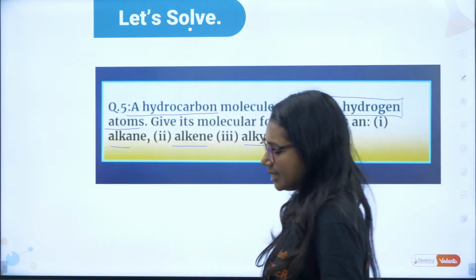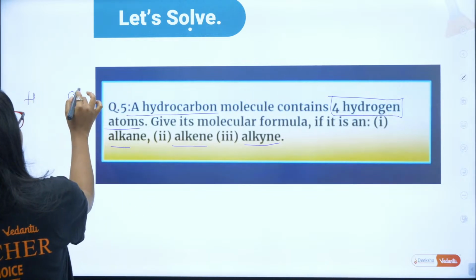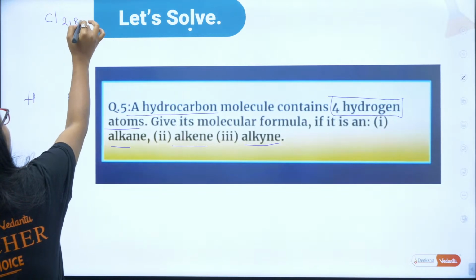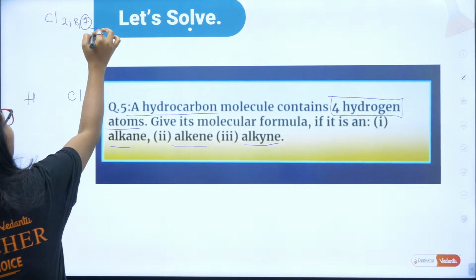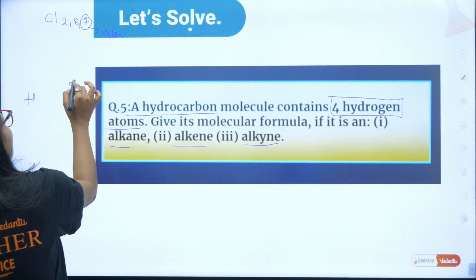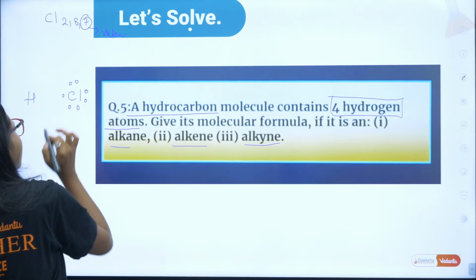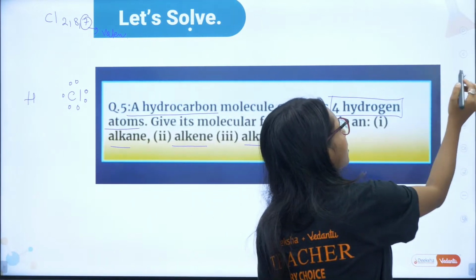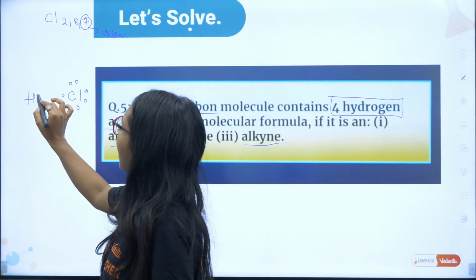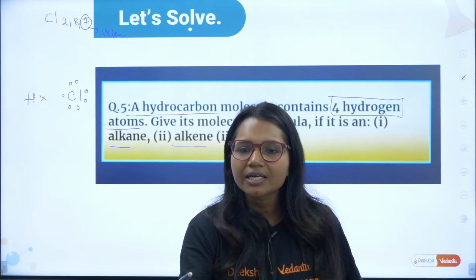What is there in HCl? You will write here H. You will write here Cl. Chlorine is 2, 8, 7. 7 is the valence electron for chlorine. Correct? So 1, 2, 3, 4, 5, 6, 7. I will show the electron of hydrogen by red color. See here, hydrogen has only one electron, that is the valence electron.